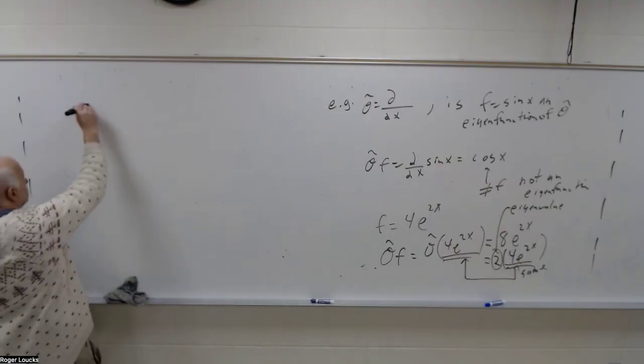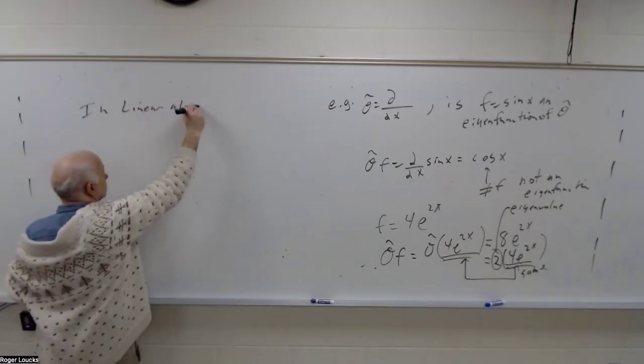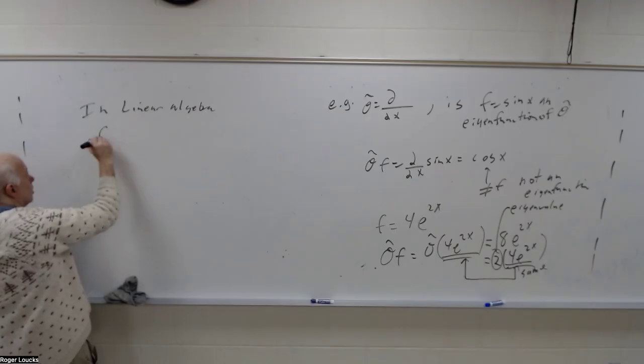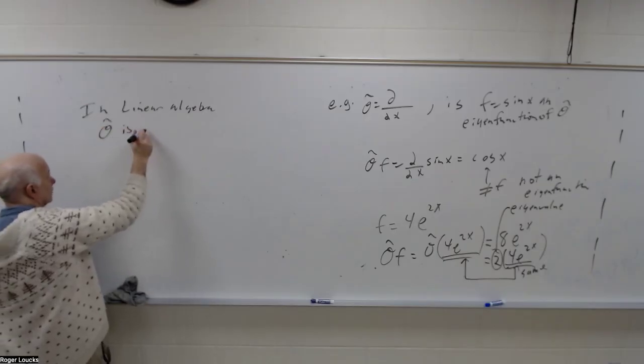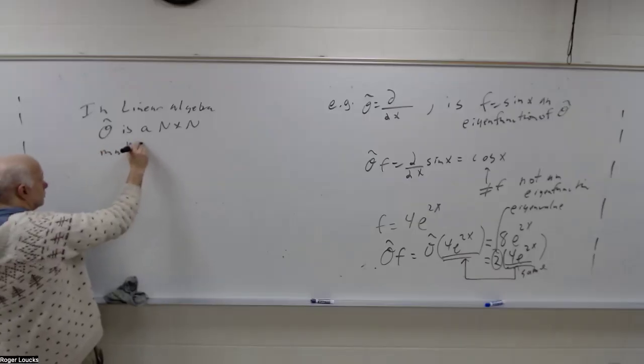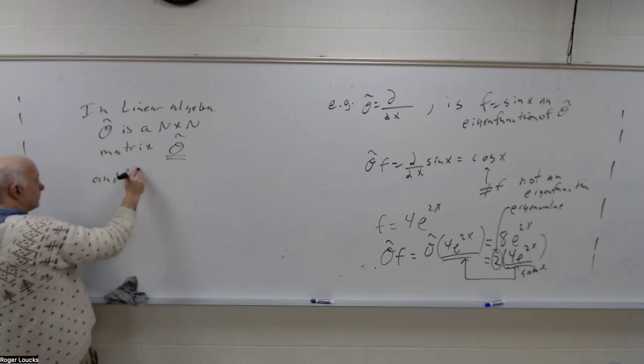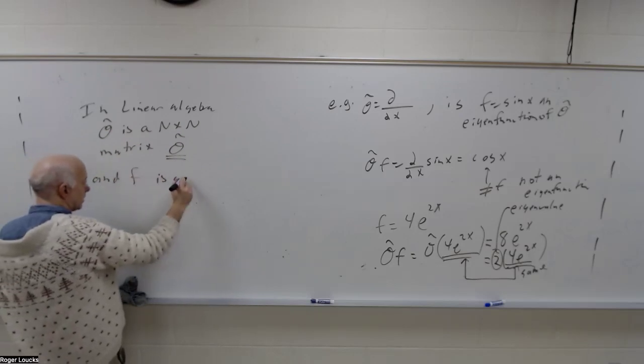So in linear algebra, O is an n by n matrix. I'll write it like this. And F is a column.